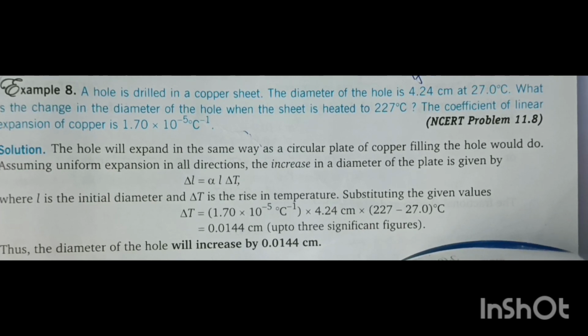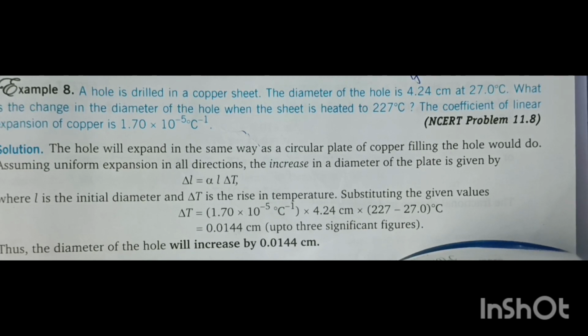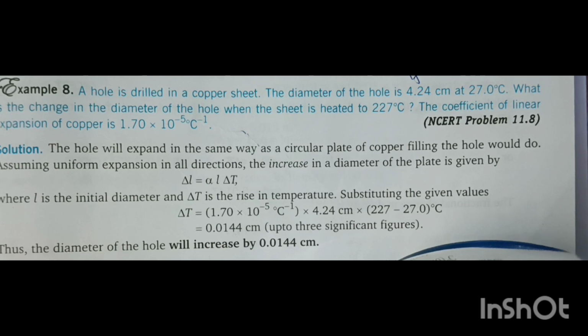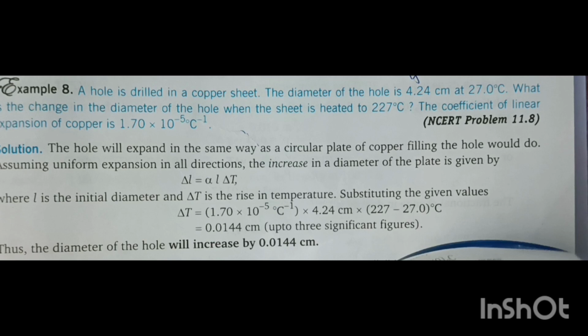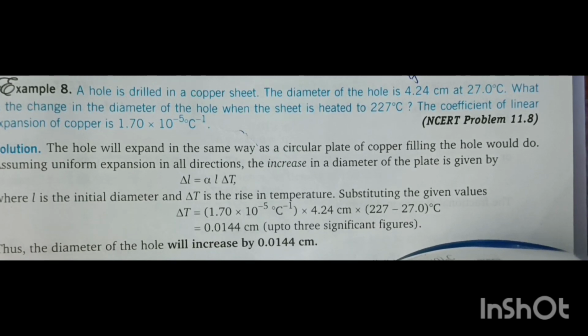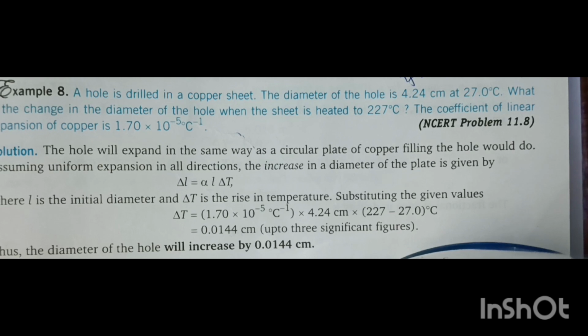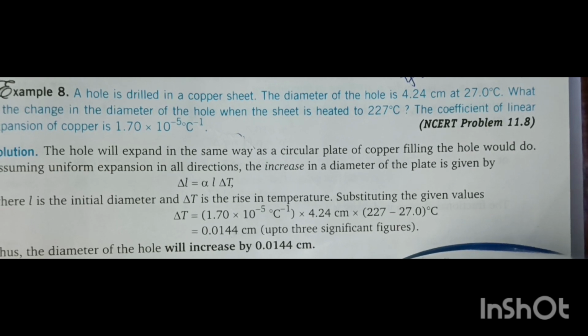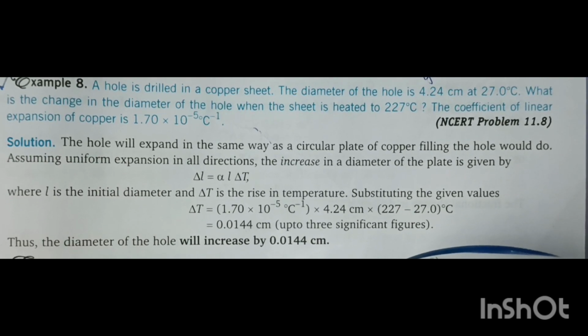That is the initial diameter, 4.24 centimeter. Alpha is the coefficient of linear expansion, 1.7 into 10 power minus 5. And delta T is T final minus T initial, so it is 227 minus 27, that is 200.